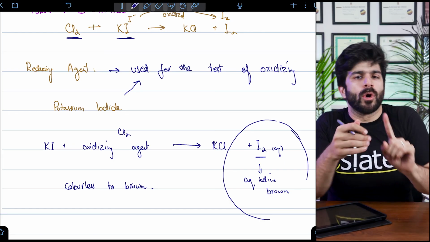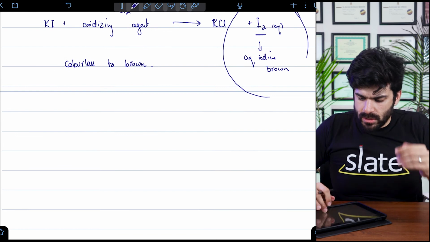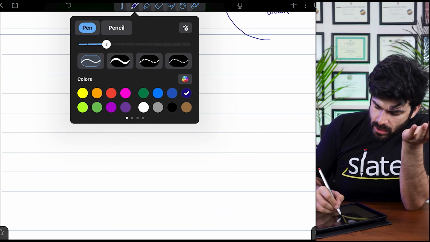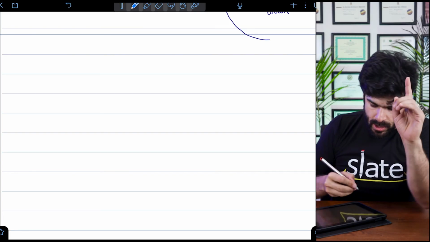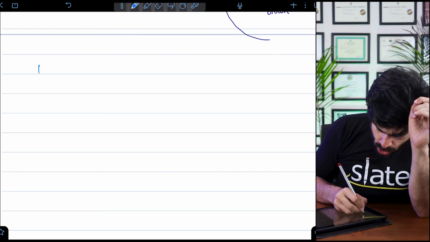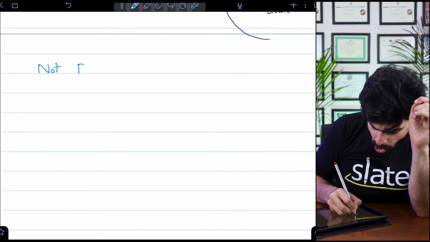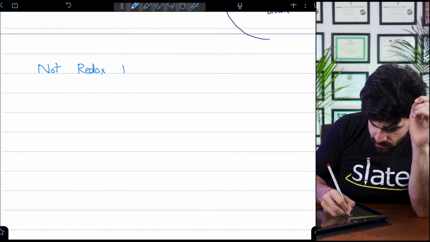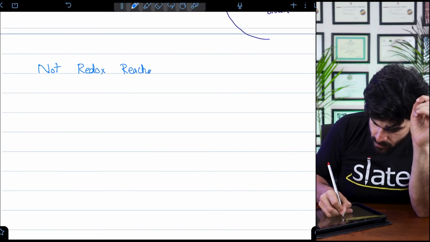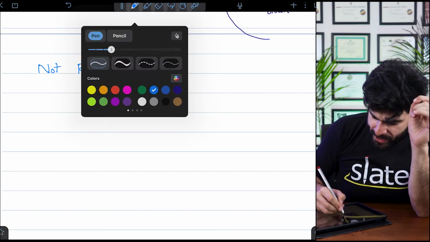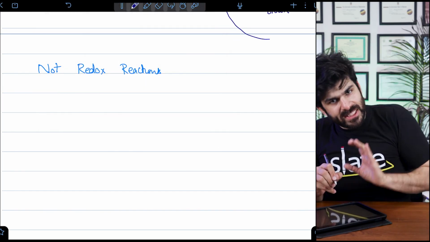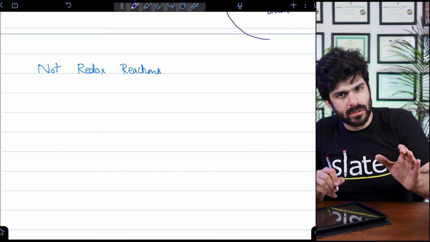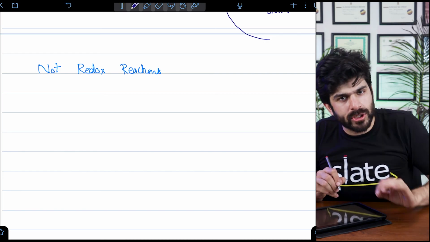But one last important tip for you, because in the paper they may ask which reaction is a redox reaction, which one is not. There are 3 not redox reactions. If you identify that this particular reaction is from this class of reactions, you would know it's not a redox reaction.